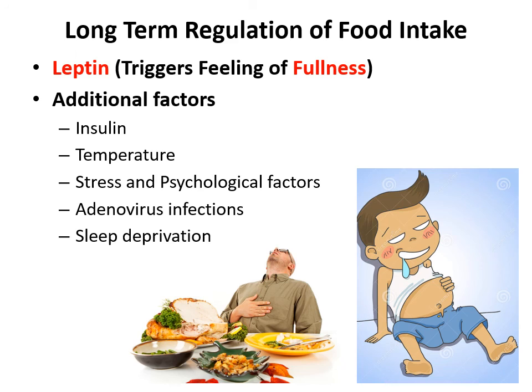You also have long-term regulation of food intake, and the big one for that is leptin. That triggers the feeling of fullness. And what leptin is, it's a hormone secreted by fat cells in response to your increased body fat. And it acts on the hypothalamus and will basically suppress secretion of NPY, which is an appetite stimulant.